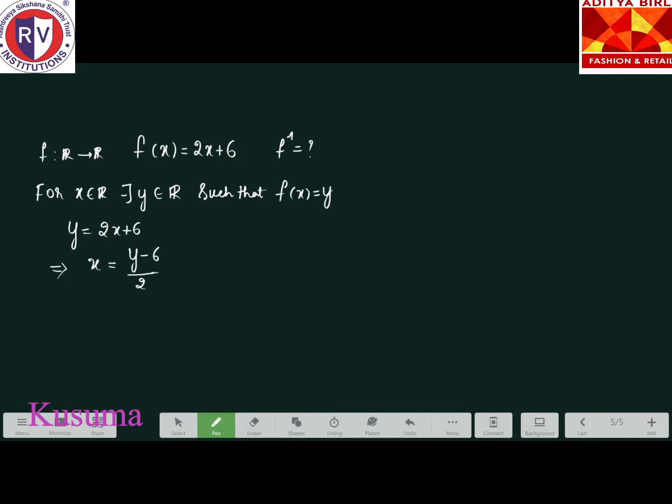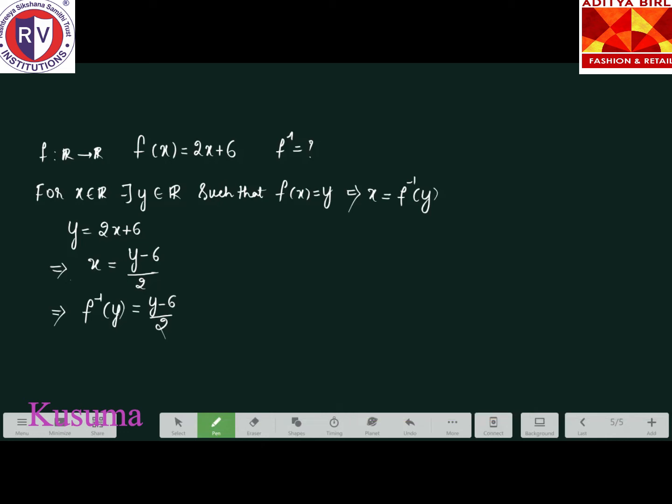Here, f of x is equal to y is nothing but x is equal to f inverse y. So what we have found here is f inverse y is y minus 6 by 2. But what do we need in the question? It is asked for f inverse x.